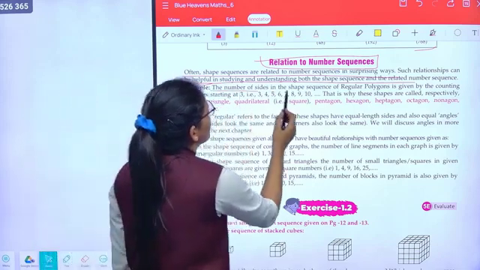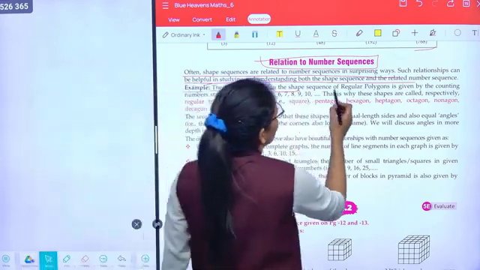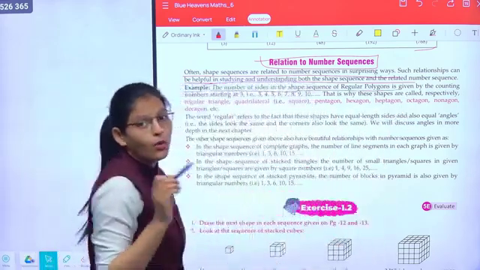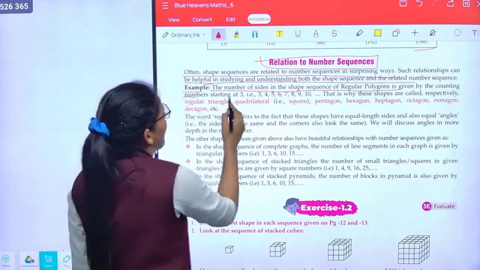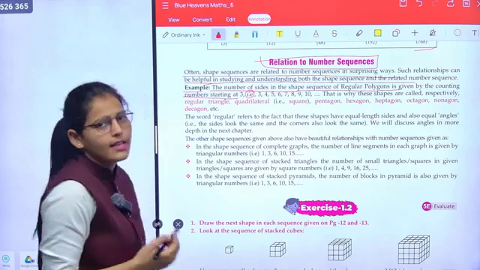Example, the number of sides in the shape sequence of regular polygons is given by the counting numbers starting at 3, that is 3, 4, 5, 6, 7, 8, 9, 10 and so on.